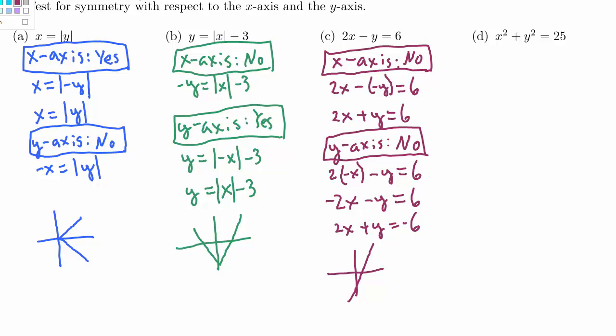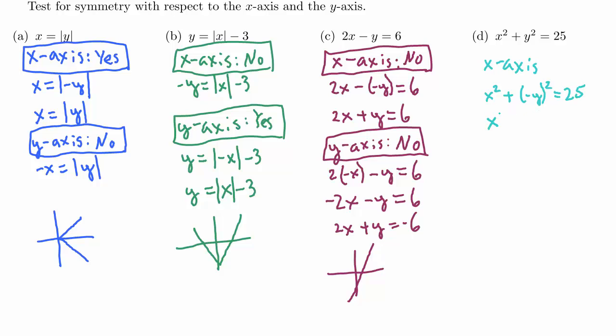Let's look at letter D. Letter D is x squared plus y squared equals 25. First, I'm going to test for the x-axis symmetry, which means I need to replace the y with negative y, and that gives me x squared plus a negative y squared is equal to 25.